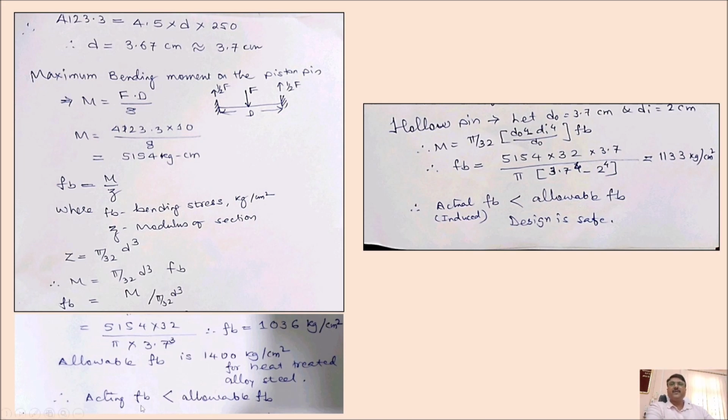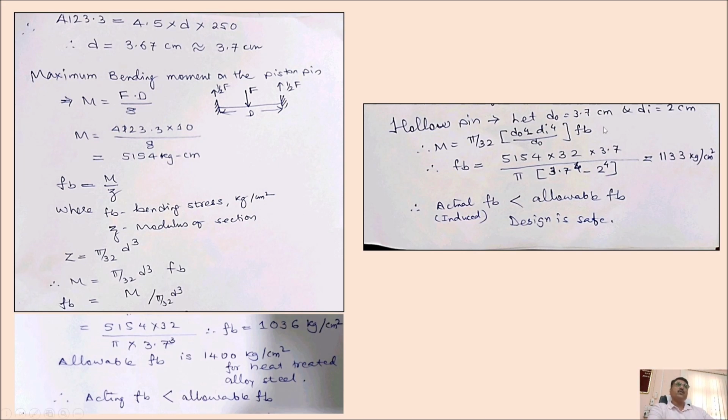So induced Fb, or actually acting Fb, is less than the allowable Fb. So piston pin of diameter 3.7 centimeter is safe in bending if pin is solid.